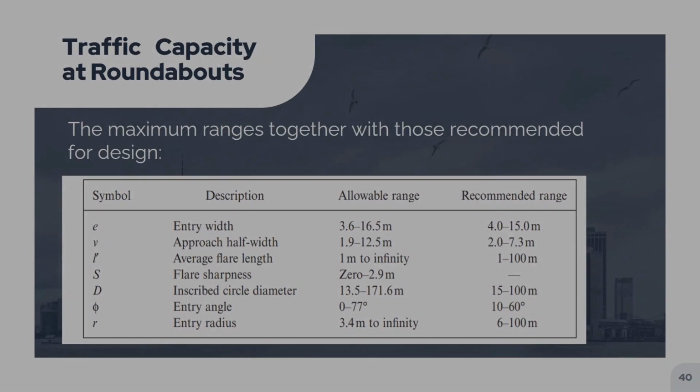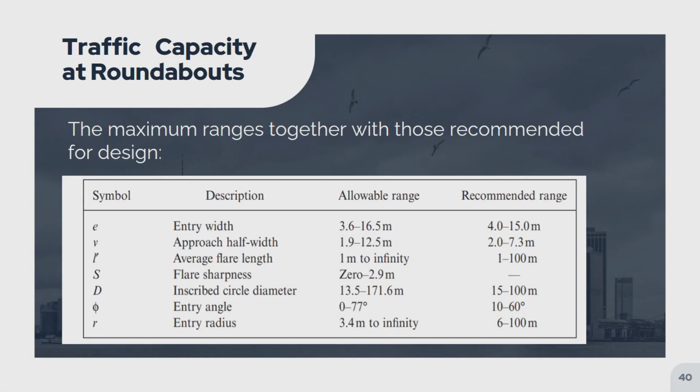So we have here the table for knowing the right or allowable ranges of the different parts of the roundabout. This table is very helpful in knowing the right measurements and designing the roundabout with a proper survey of the flow of vehicles in the area.